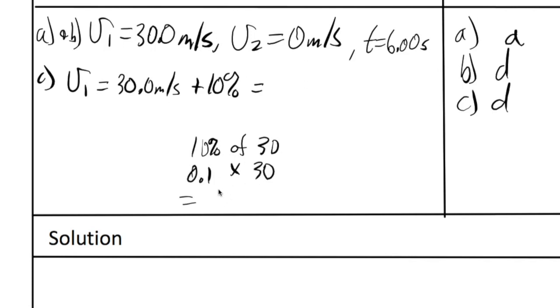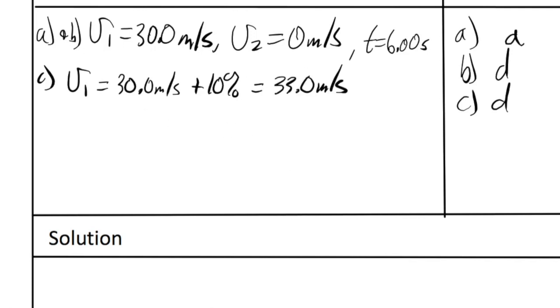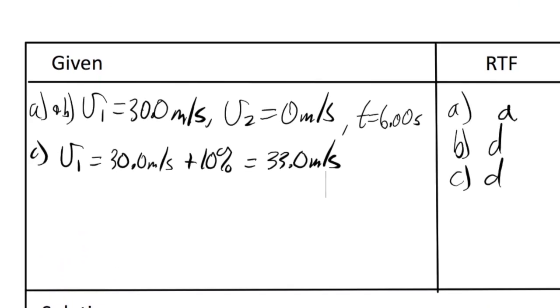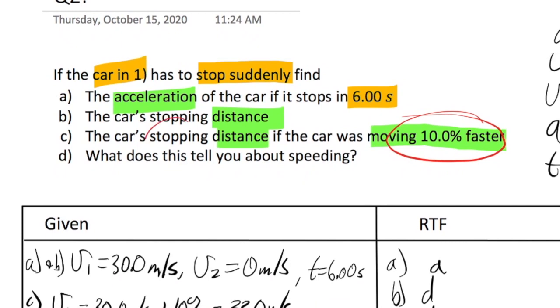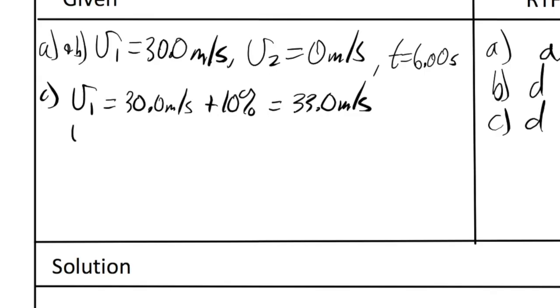And so that equals to 3 meters per second. Then you add the 30 and anyway, you got it. 33.0 meters per second. So now we got to figure out some other stuff. So we know that the V1 is 30 meters per second, but it did say the car's stopping. So that does mean that our V2 is equal to 0 meters per second.